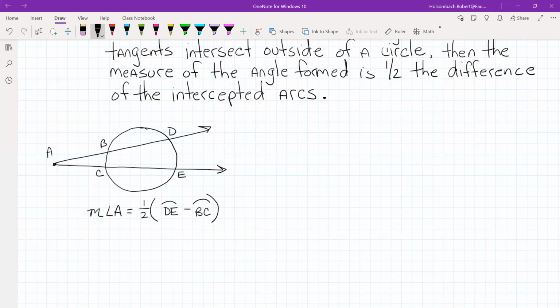Now, the theorem reads one way. What you have to remember is that this angle outside the circle is equal to 1/2 of big arc minus little arc.